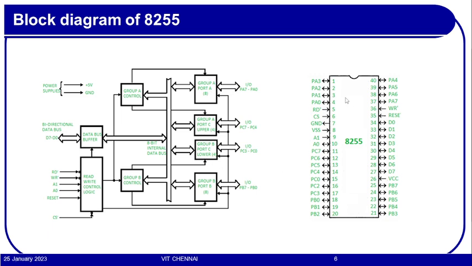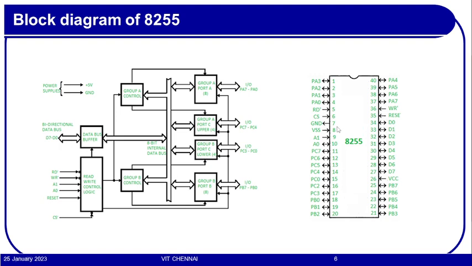Now the pin diagram of the 8255. It has 40 pins, including the ground VSS. Chip select bar, read bar, write bar, then two address pins, and the rest are only the ports. PA0 to PA7, PB0 to PB7, PC0 to PC7, and the data bus D0 to D7.